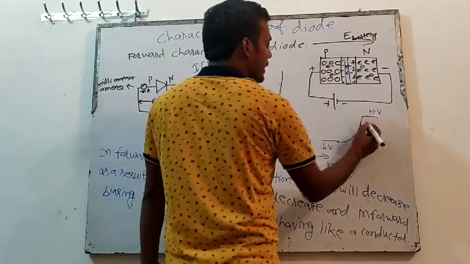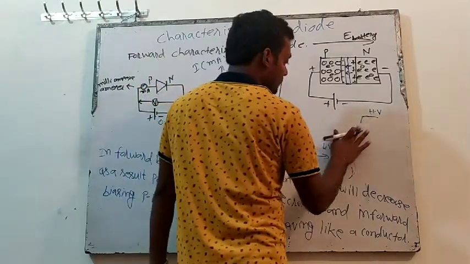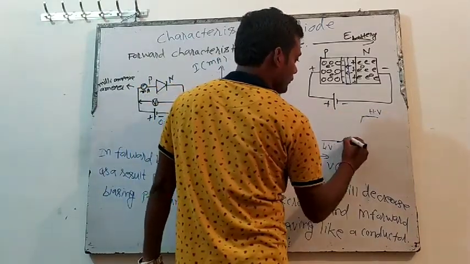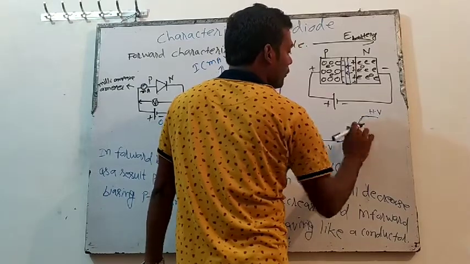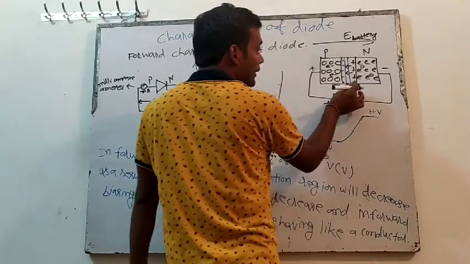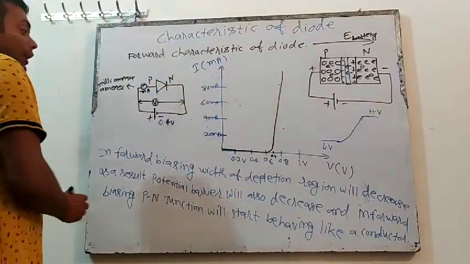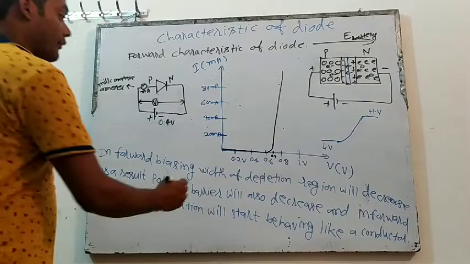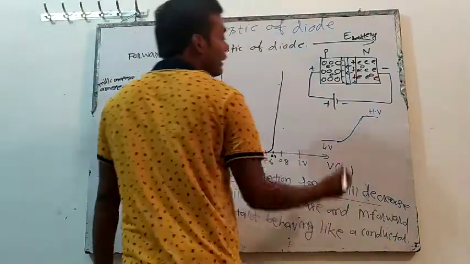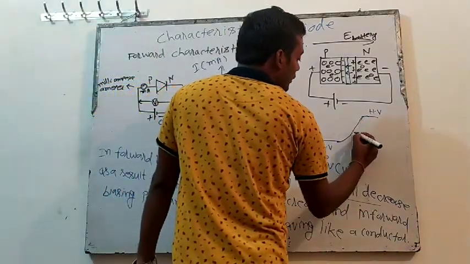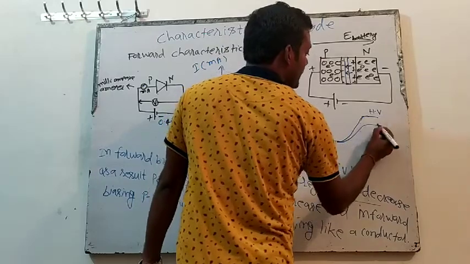So this was the potential barrier. Now what will happen? When the width of the depletion region decreases, this difference will be less.